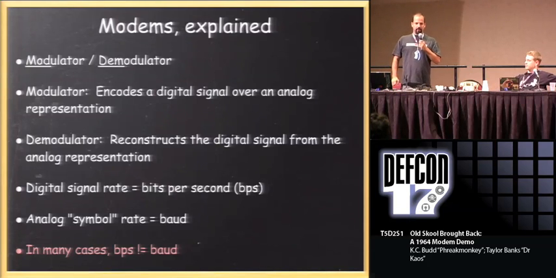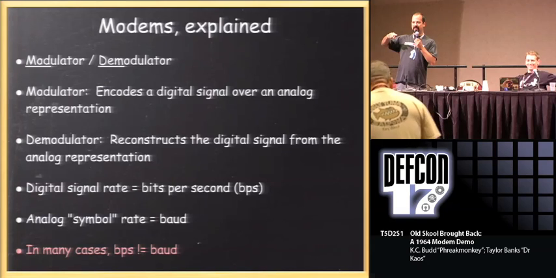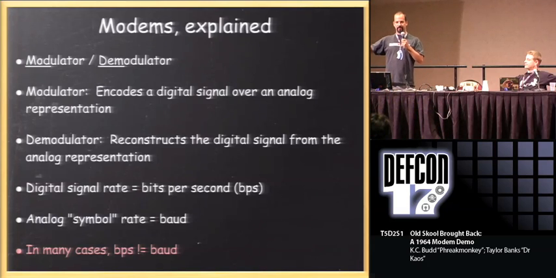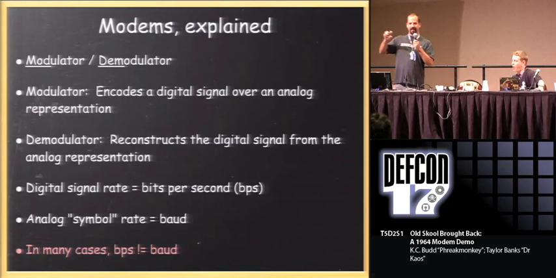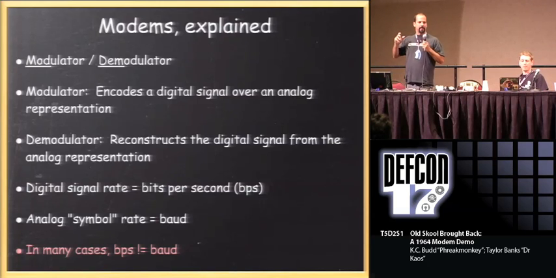Turns out 300 baud was the last time we used that term correctly. 300 baud is 300 bits per second on the digital side and 300 symbol changes per second on the analog side. What we always called 1200 baud is actually 1200 bits per second on the digital side and 600 symbol changes per second on the analog side. The reason for that is they figured out they could do a symbol change that represented more than one bit.